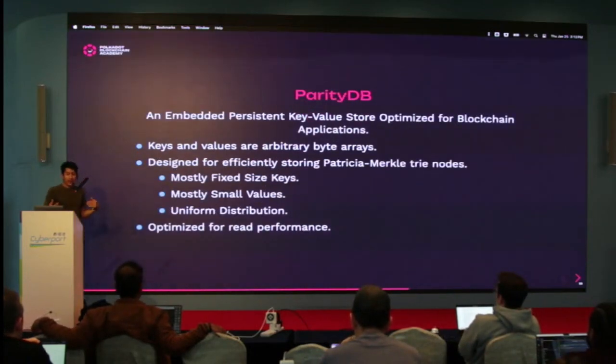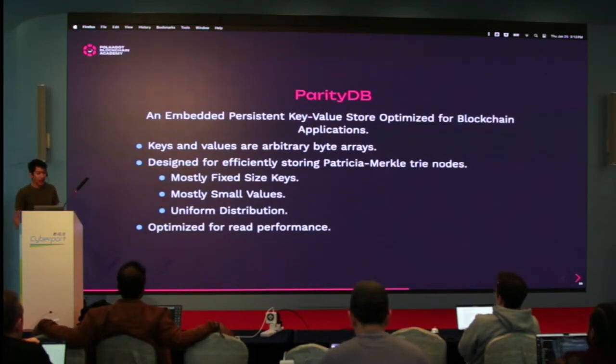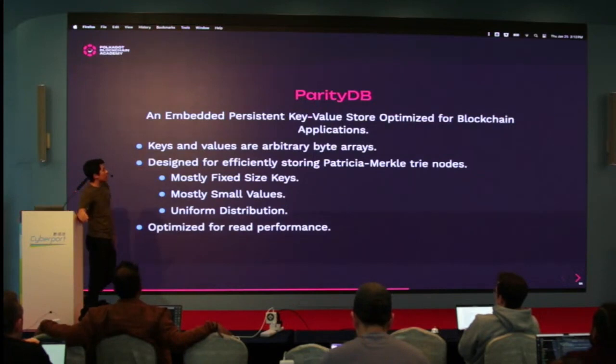Since the initial creation of Substrate, we have created ParityDB, and we use it now. ParityDB is an embedded, persistent key-value store optimized for blockchain applications. Just like RocksDB, keys and values are arbitrary bytes, but it is designed for more efficiently storing Patricia-Merkle trees. In a Patricia-Merkle tree, most of the keys are fixed size, right? They're mostly hashes, mostly small values.